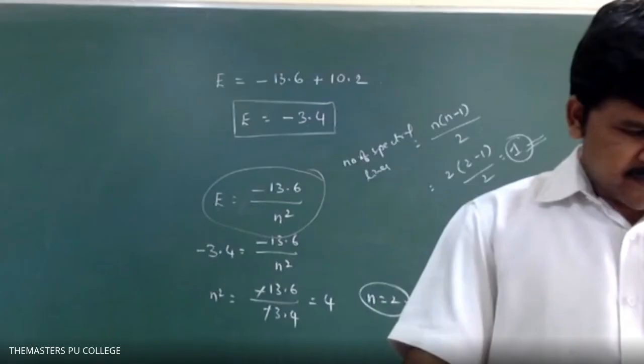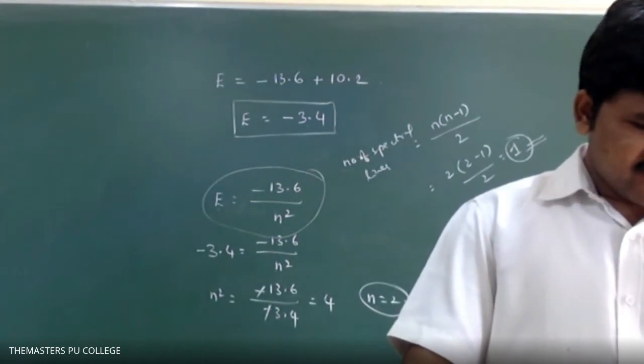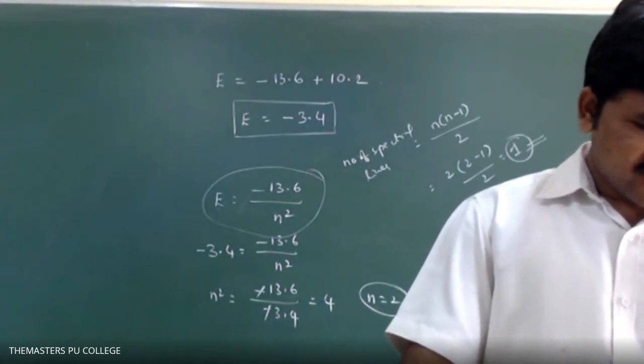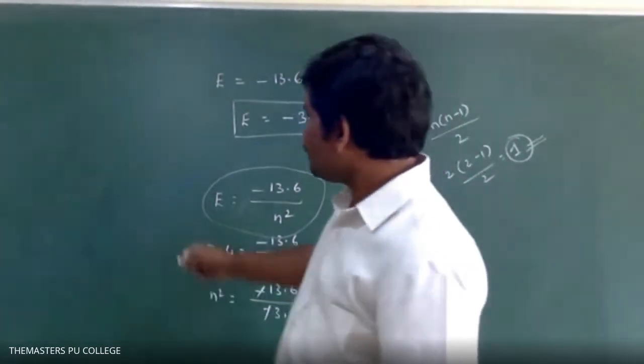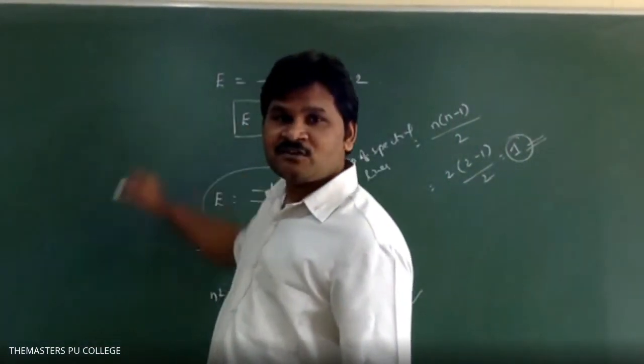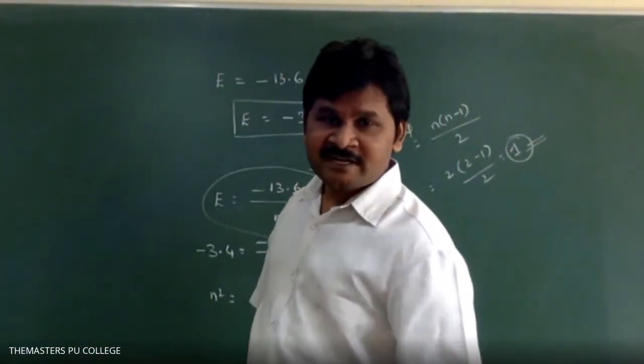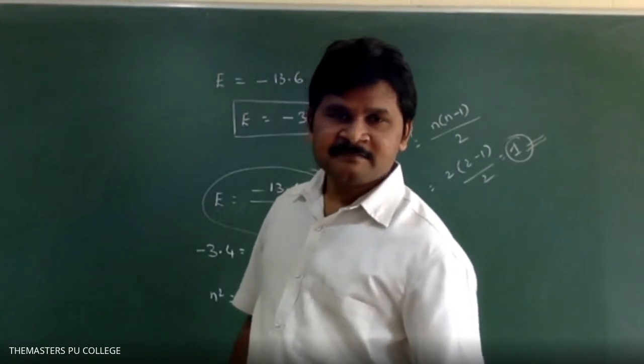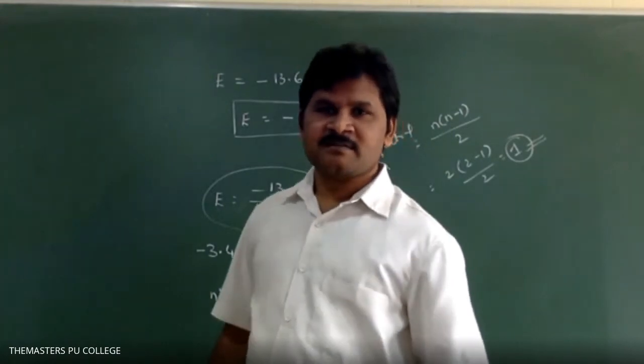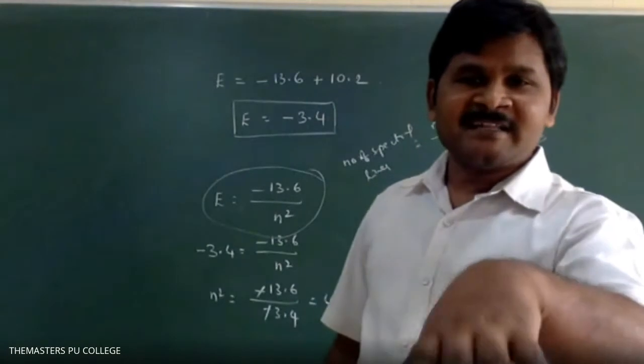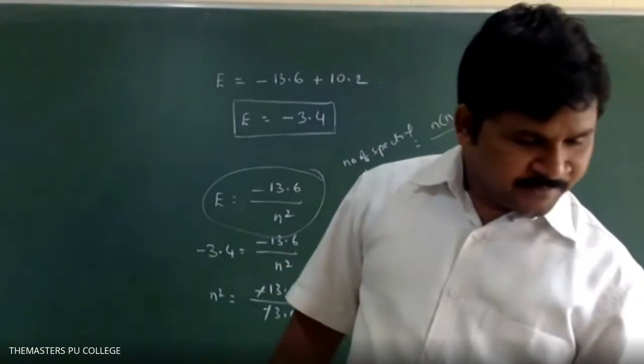Next. What is the energy required to excite the electron from n is equal to 1 to n is equal to 2? I wrote 10.2 electron volts. How are we getting that 10.2? Now I will prove it.